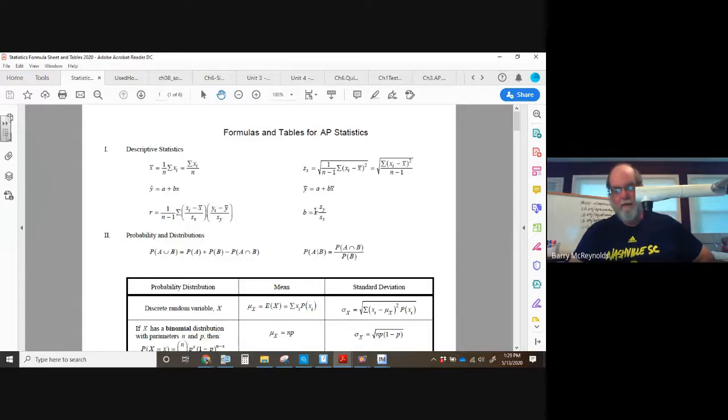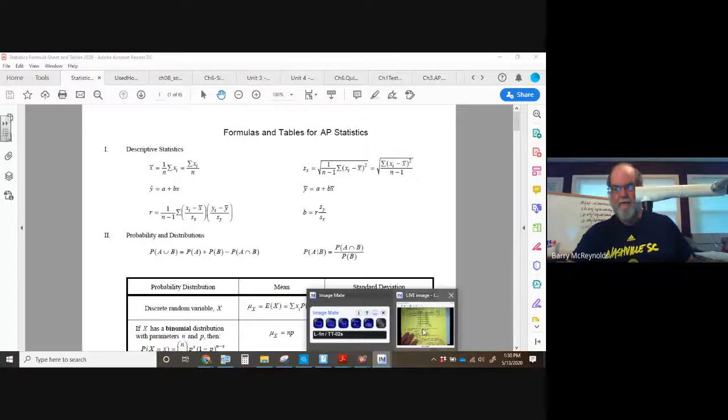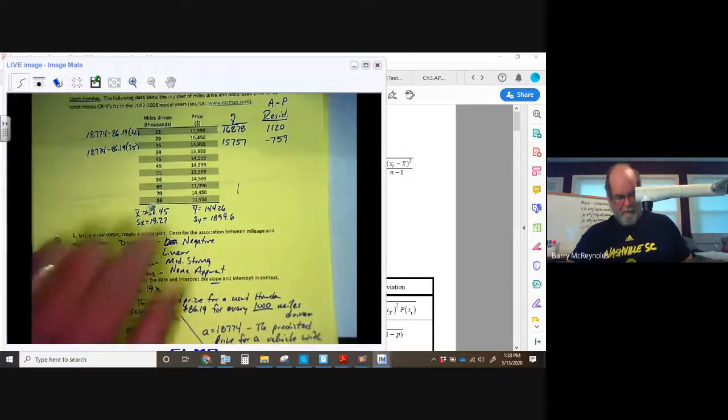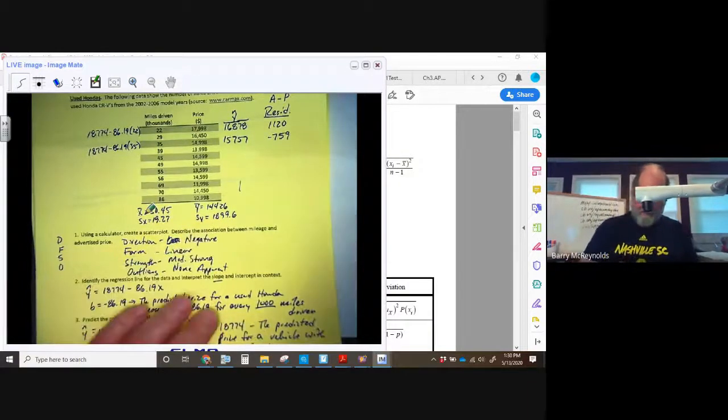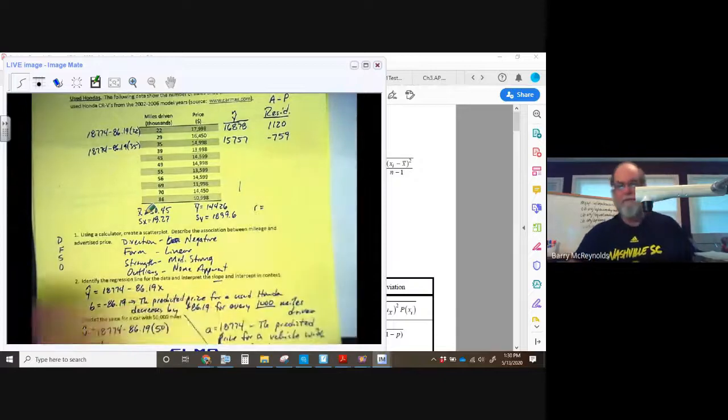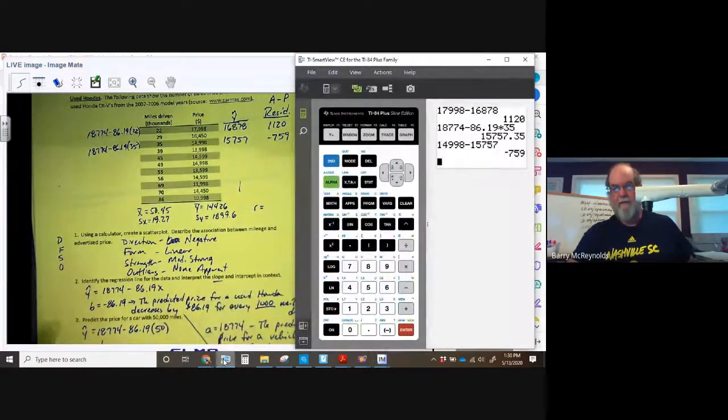But the calculator calculated it for us already, and so we're just going to take advantage of that. Now, I recognize the calculator calculated this value for us as well, but my guess is you might be given data that looks like this. You might be given X bar and SX, and Y bar and SY, and R equals, and I don't remember what R equaled, so I didn't write it down.